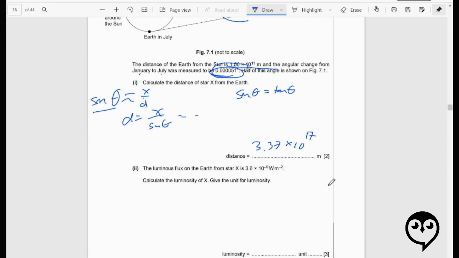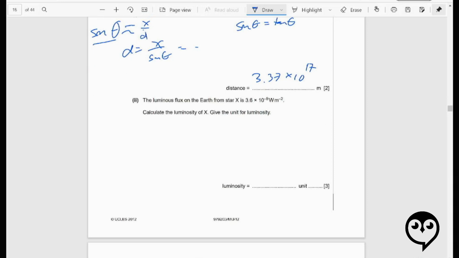The luminous flux. Calculate the luminosity. They give us the luminous flux here. That's the same thing as intensity. You know that intensity is power divided by surface area. They want the unit for luminosity. The luminosity is the same thing as the power, and the luminous flux is how much power per square meter.